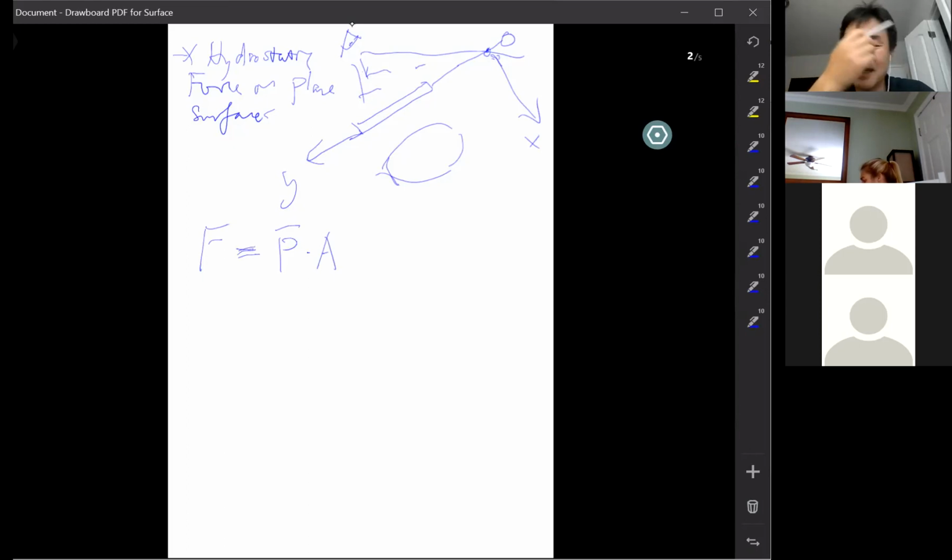P bar indicates the average pressure on the surface. That makes sense, right? Average pressure times area, A is the area of the surface. So it will be the overall hydrostatic force on it.